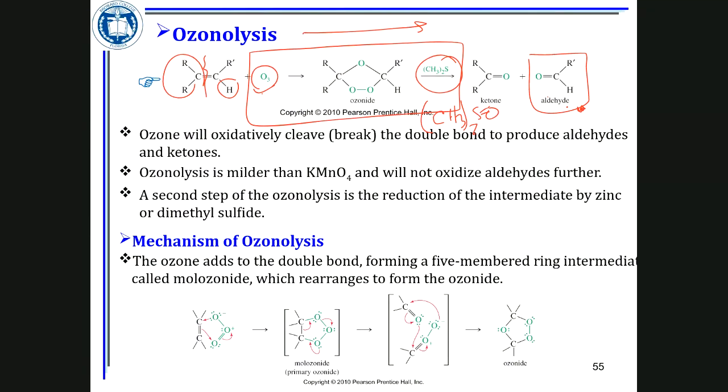So ozonolysis is milder than hot permanganate or concentrated permanganate. For ozonolysis, if you use dimethyl sulfide, it stops at the aldehyde. Later on, you learn in the next chapter that if your solvent is not dimethyl sulfide, it can go further and change to carboxylic acid.